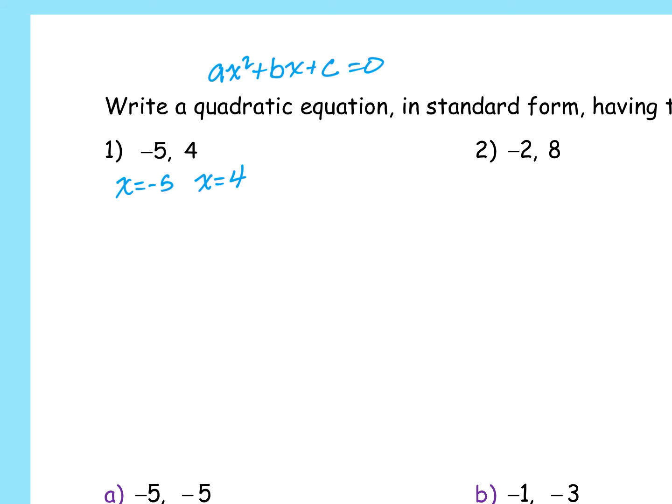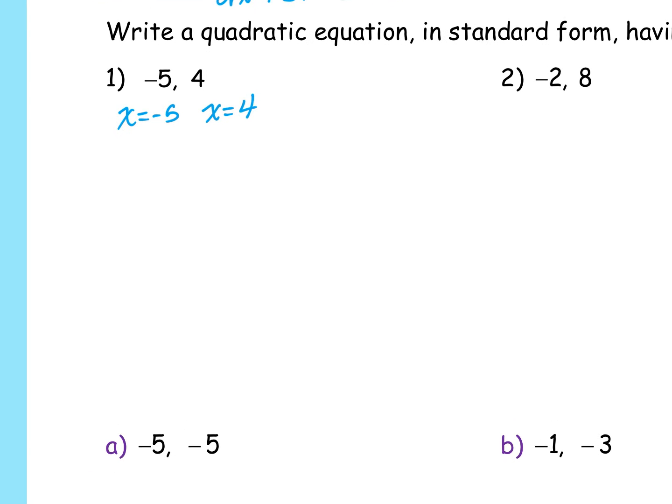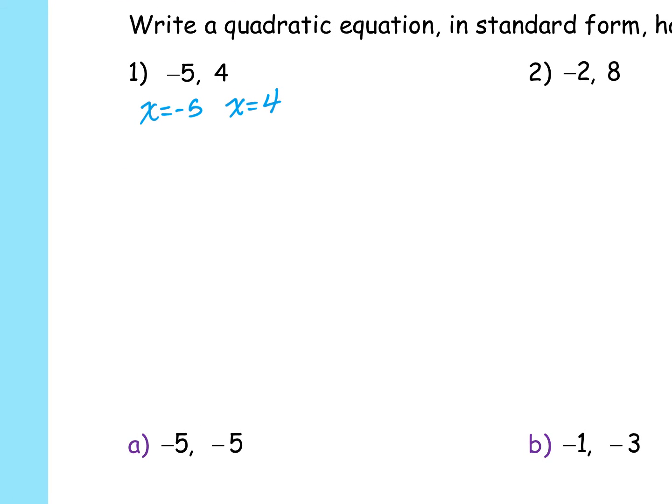So the first thing I'm going to do is write this as x equals -5 and x equals 4. And so I'm going to work backwards from here. I'm going to add 5 to both sides here, and subtract 4 here. So I get x plus 5 equals 0 and x minus 4 equals 0.